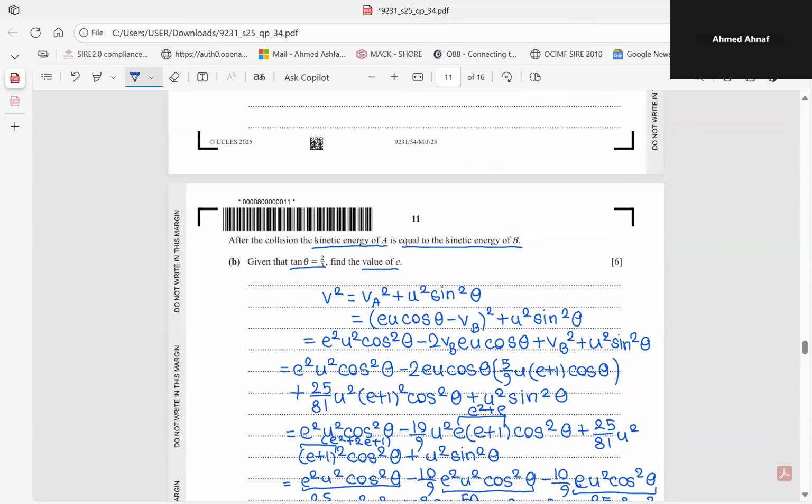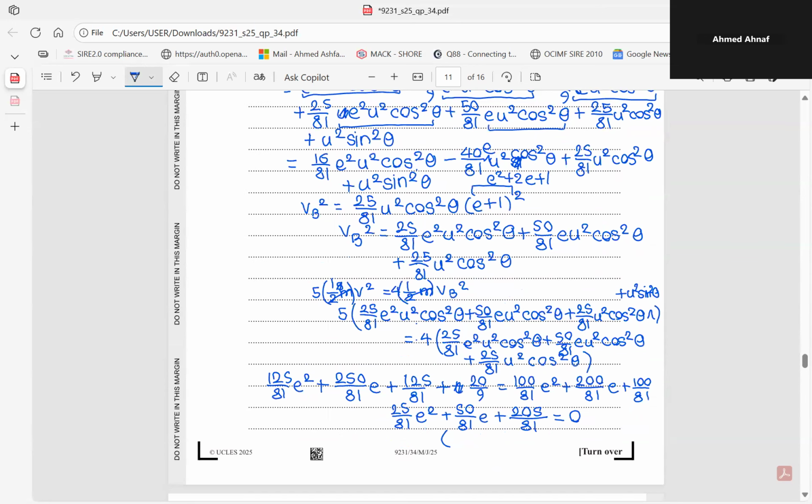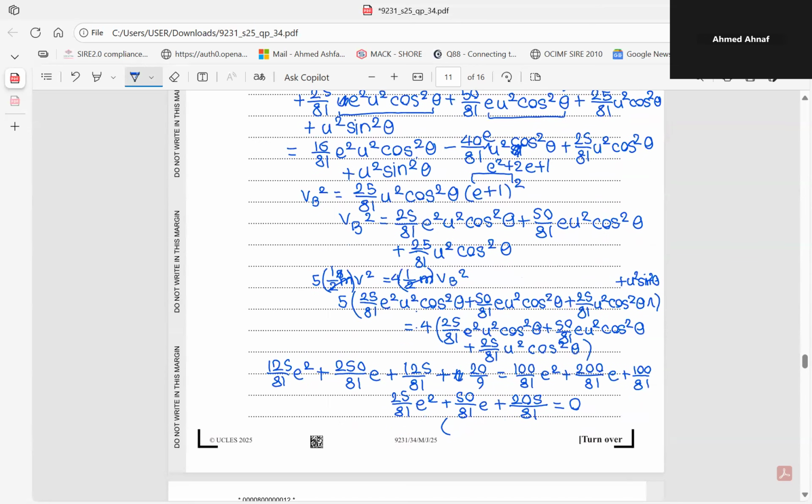Tangent squared, that is 4 over 9. So yeah, 20 over 9.